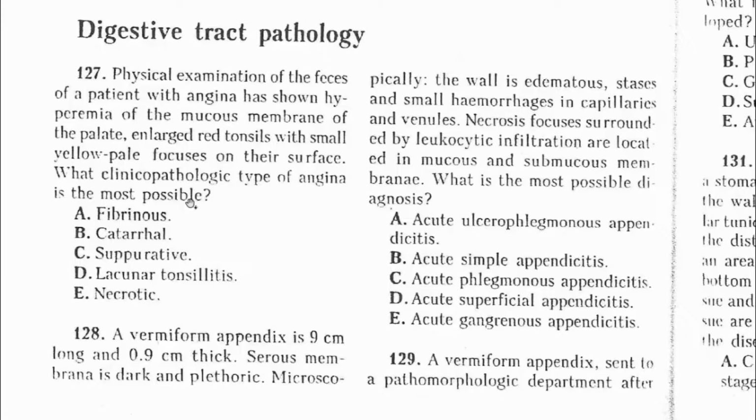We have follicular tonsillitis. This is characterized by hyperplasia of the tonsils. Leukocytic infiltration and necrosis of follicles also occur. Then we have cryptic tonsillitis, also called lacunar.